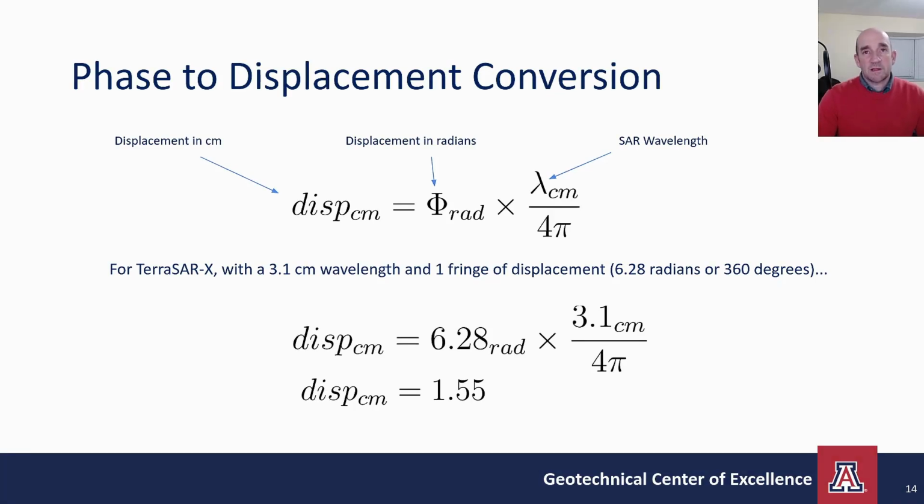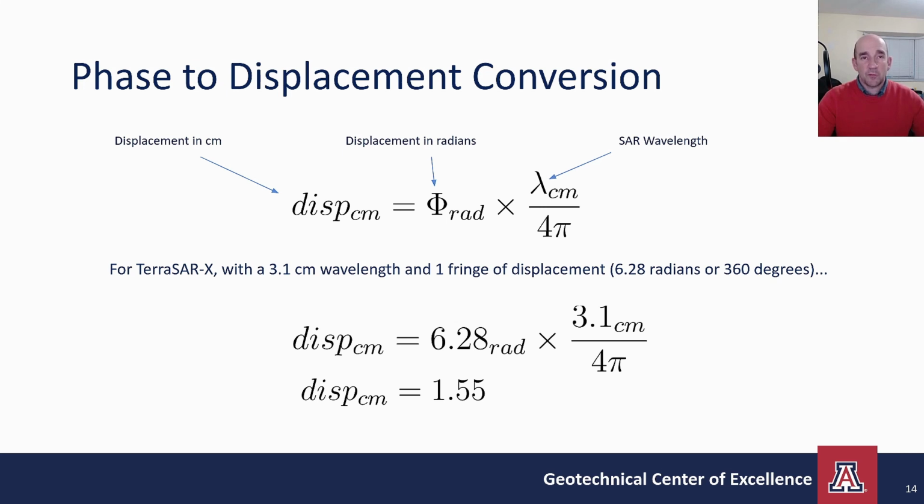For completeness, I want to mention how straightforward the conversion from phase to displacement is. My displacement in centimeters or inches if preferred equals the phase in radians multiplied by the wavelength over 4 pi. Why 4 pi? Normally angles to distance conversions would involve dividing by 2 pi, but remember we need to account for our signal's round trip from the satellite to the Earth and back again.